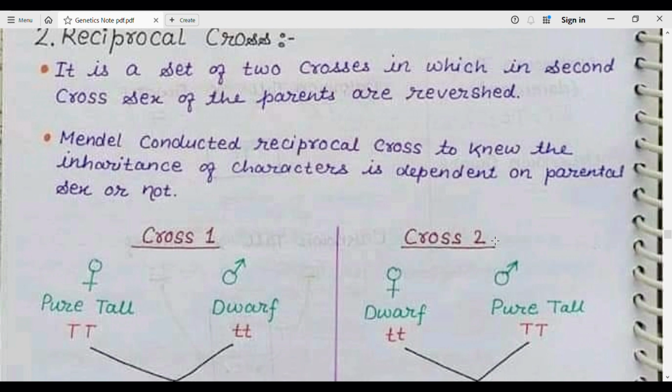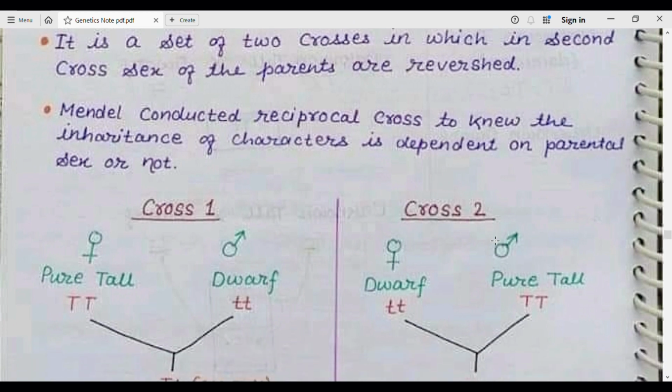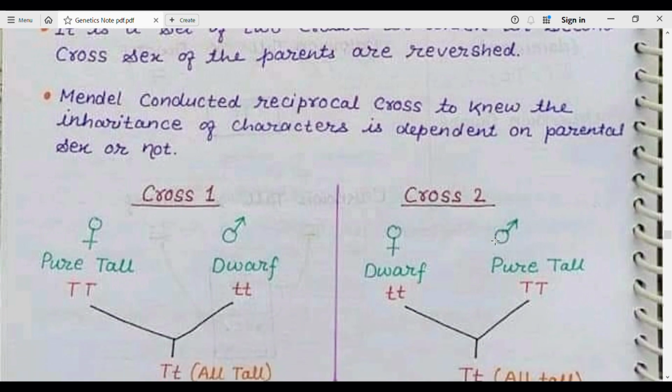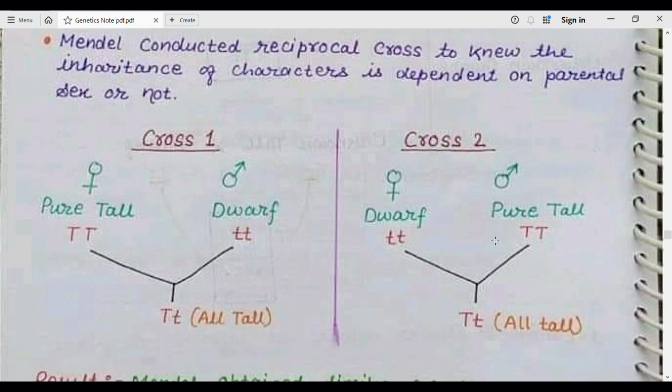Mendel conducted a reciprocal cross to know whether the inheritance of a character is dependent on the parental sex. In one cross, he took a tall female and a dwarf male. In the second cross, he reversed the sex of the individuals: from the female he took dwarf, while from the male he took tall.